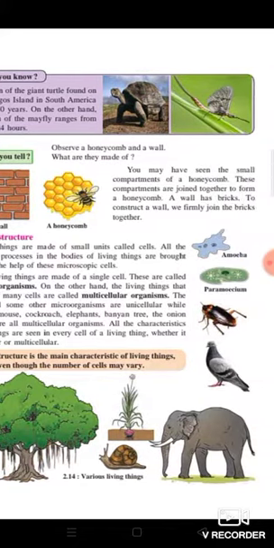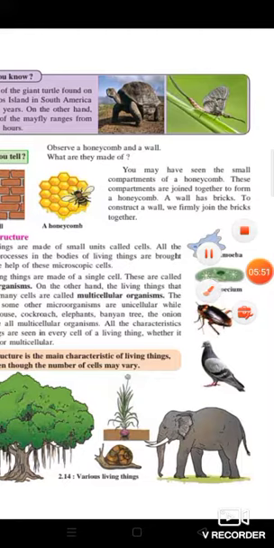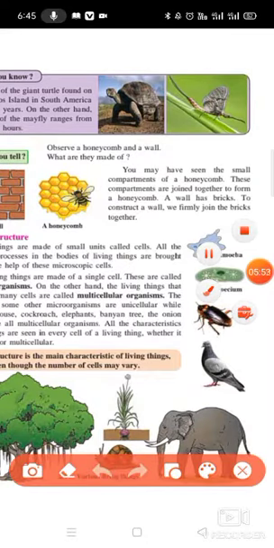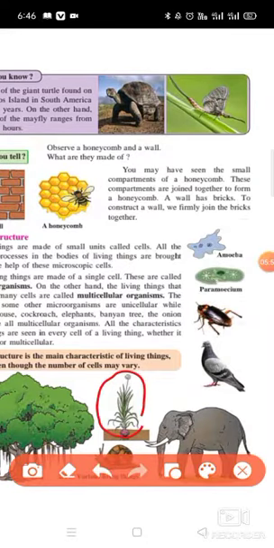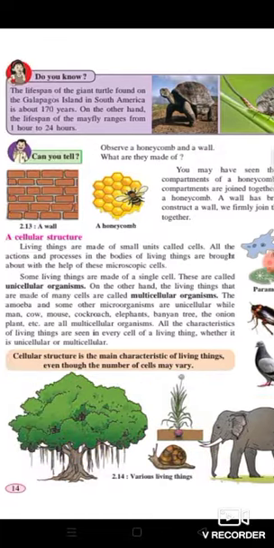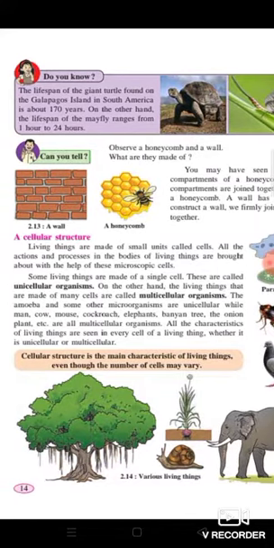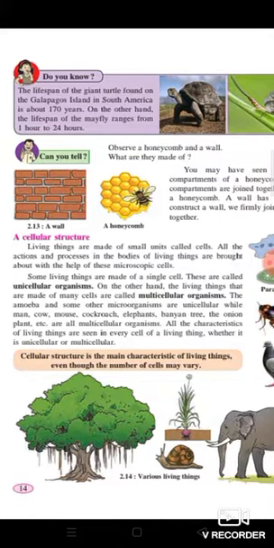See, you can see here in the pictures, this is onion plant, then elephant, then this is banyan tree. Their cellular structure differs from each other. Got it? I hope you understood this characteristic of living things very well, a cellular structure.